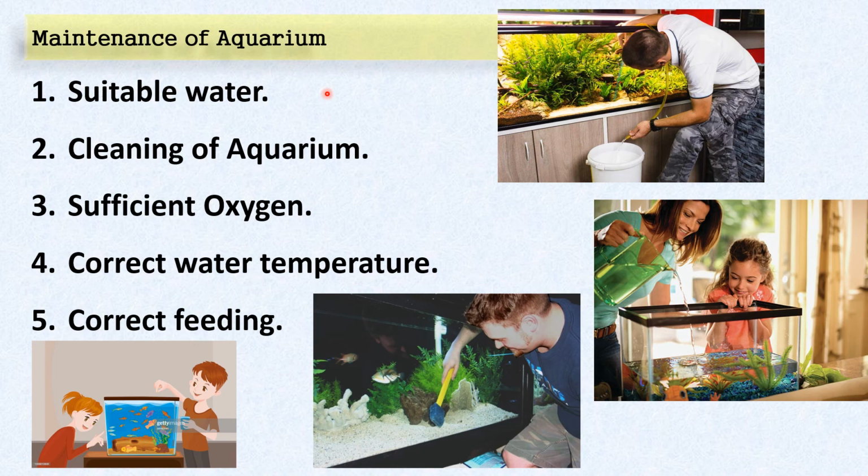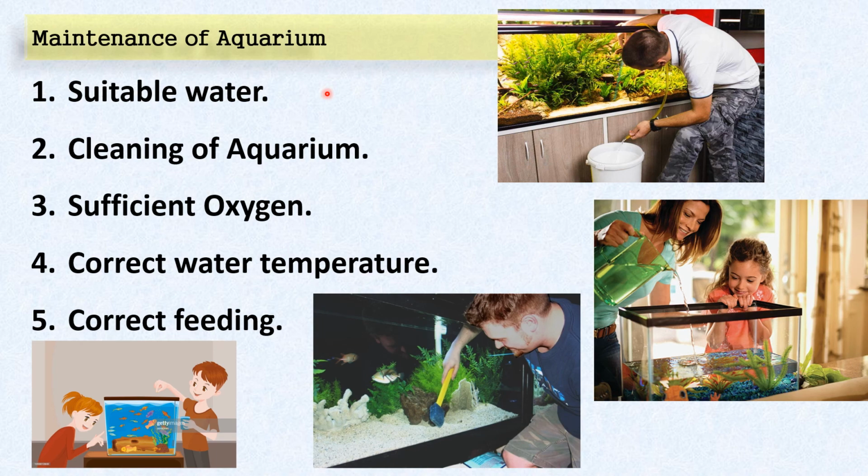Correct water temperature. In some places there is no need to worry about the water temperature, because the room temperature is ambient. For example, in our country, in most places the room temperature is not so severe, either not too hot or not too cold.